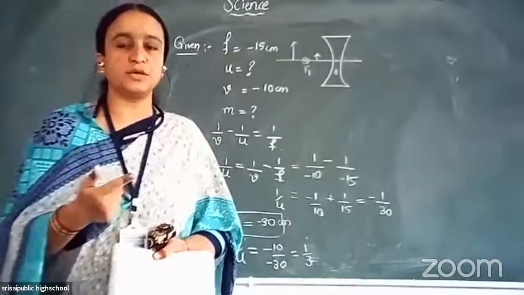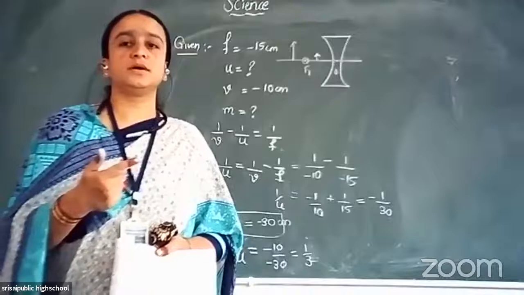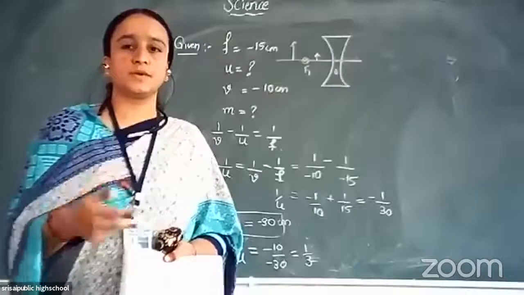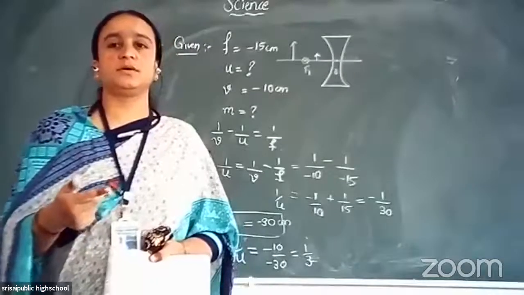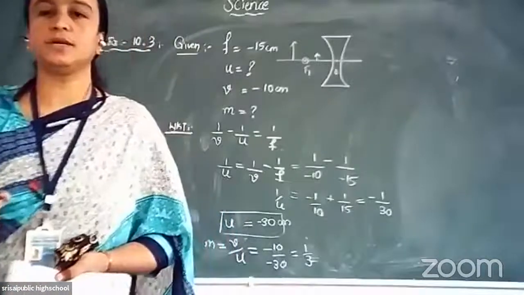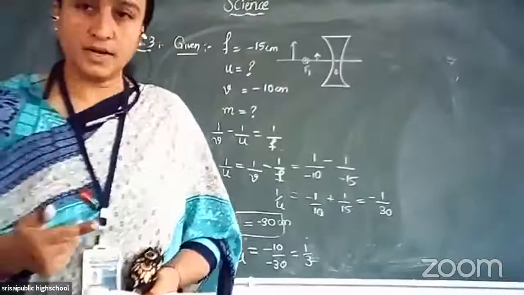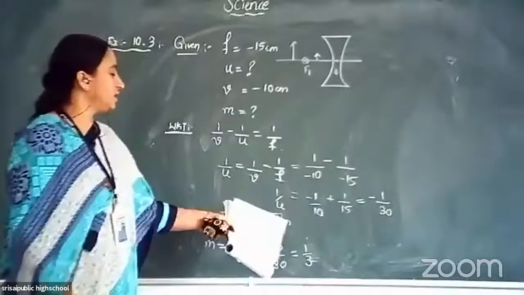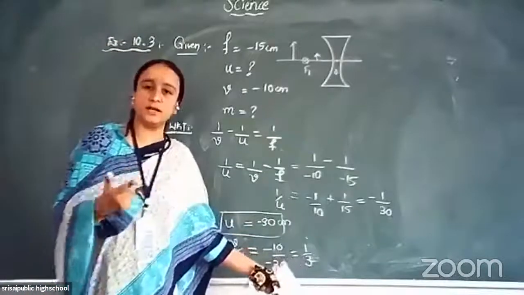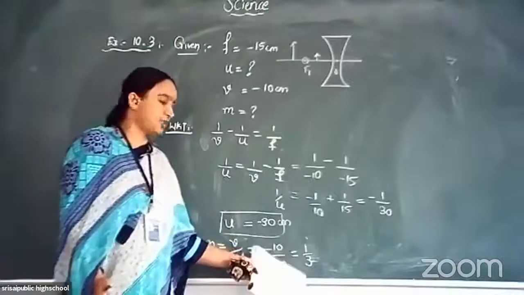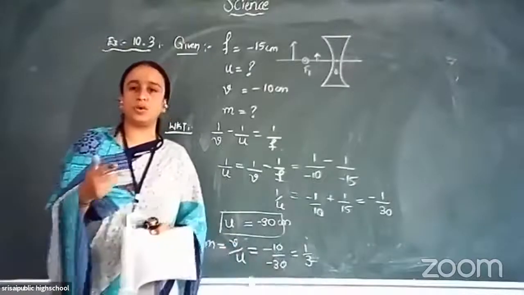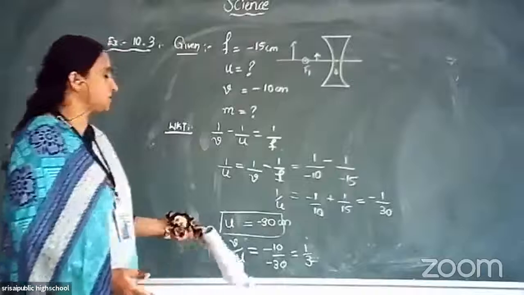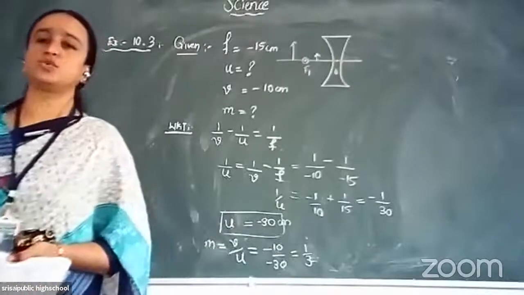Magnification is negative means how is the image? Real and, forgotten? Real and inverted. If the magnification is negative, the image is real and inverted. If the magnification is positive, it is virtual and erect. So in this case, you are going to get the image virtual and erect.